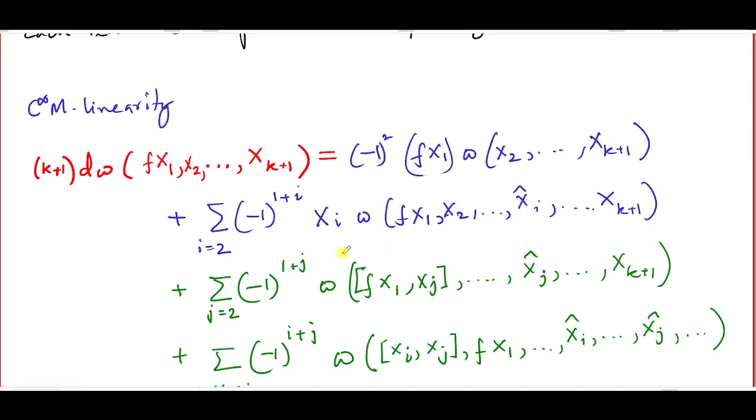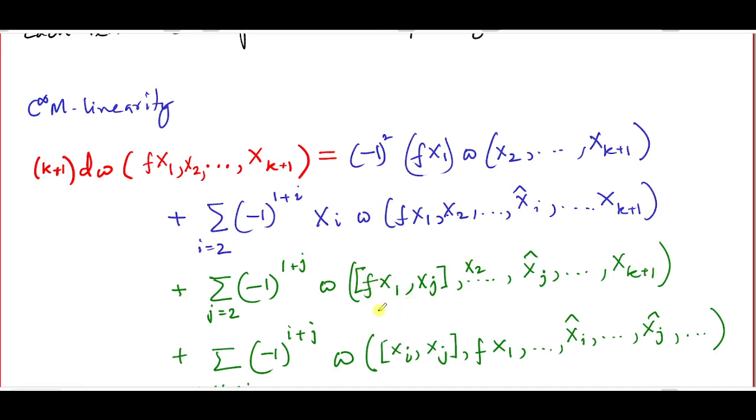The double sum over i and j also breaks up into two kinds, one in which i, the first argument, happens to be 1. So j starts from 2 all the way up to k plus 1, and you have x1 missing from this list, so this list actually starts with x2 here, and fx1 is actually inside the Lie bracket with xj.